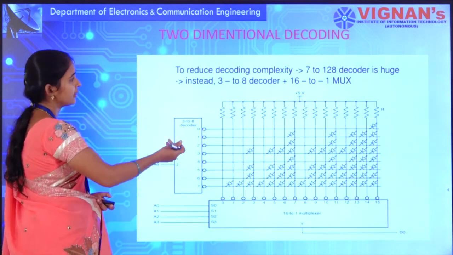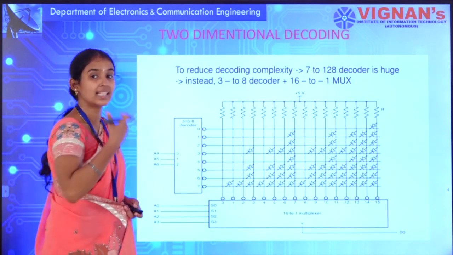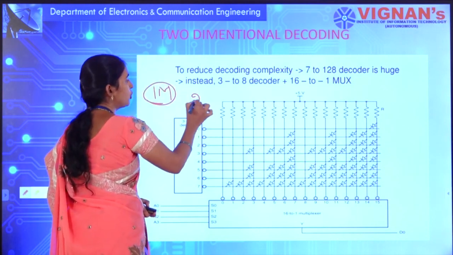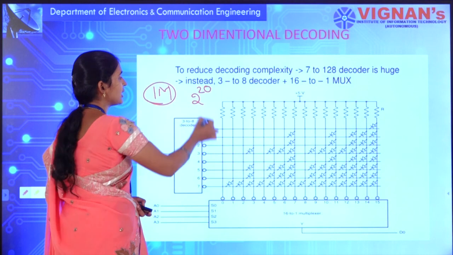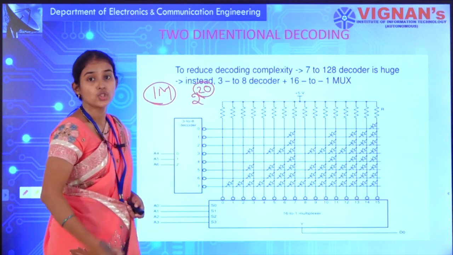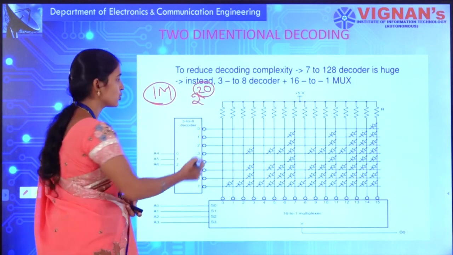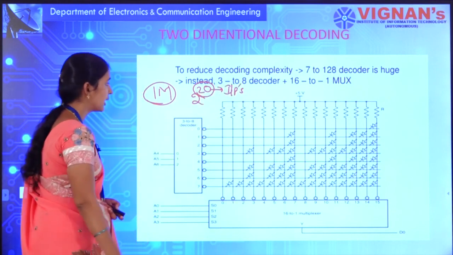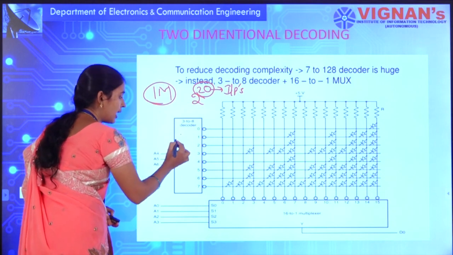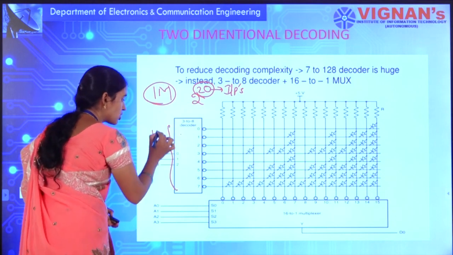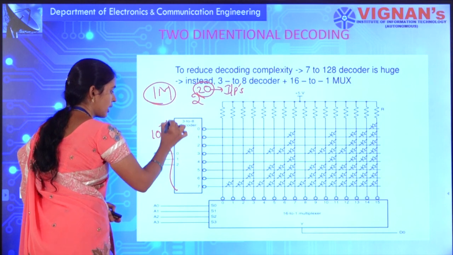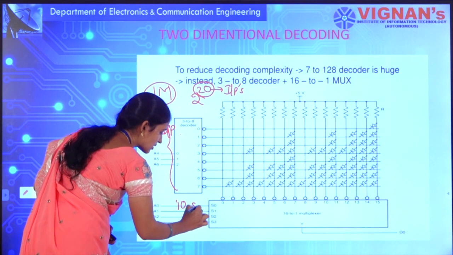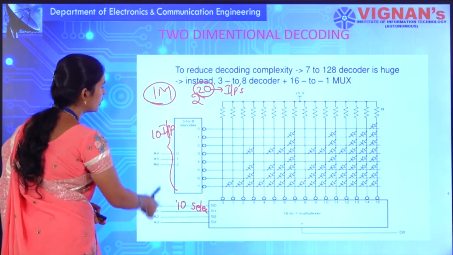Only one output. And if I want to design 1 megabyte, 1 mega means around 2 power 20. That means it will have 20 inputs. As you should give 20 inputs, I should take a decoder of 10 inputs as well as a multiplexer with 10 selection lines, at total 20 inputs.